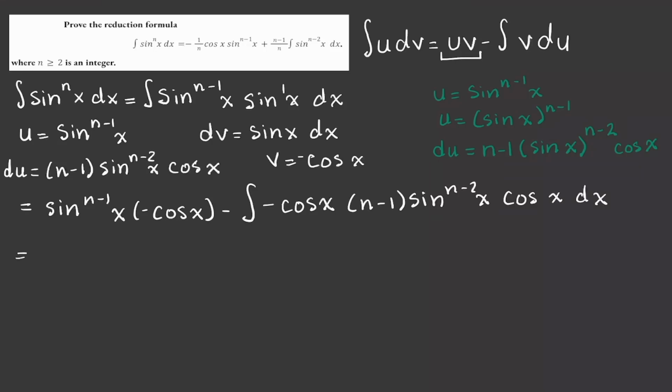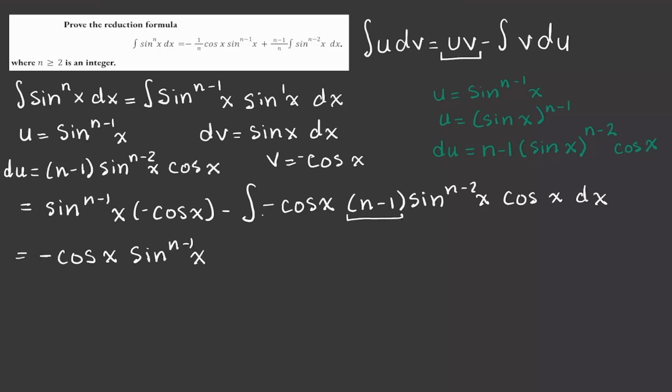Now right here, I am just going to rewrite this equation as negative cosine of x times sine^(n-1) of x. Now remember, n minus 1 right here is an integer. So in an integral, any constant I can pull out.